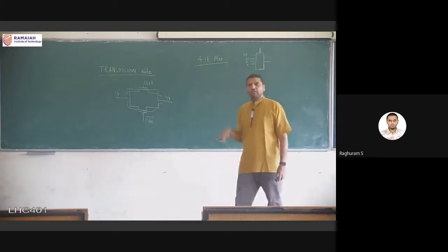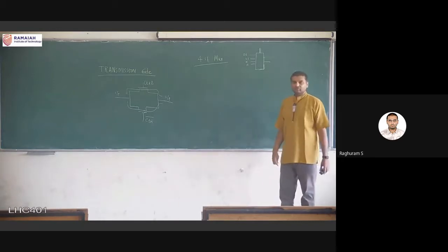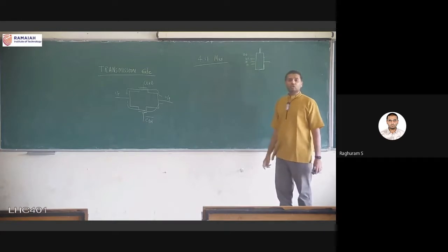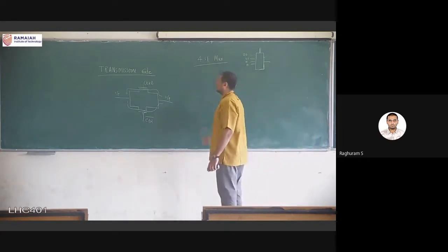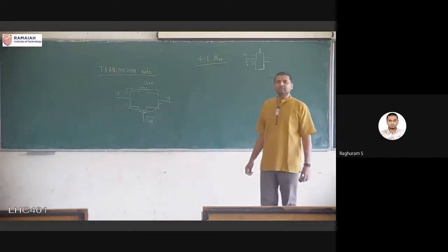So how can we implement this using our transmission gates? Very simple. Take each input combination. Basically the circuit will look like this. How many transmission gates will I require for implementing this circuit?